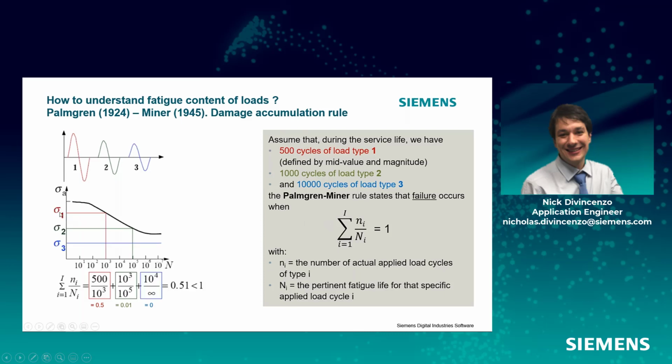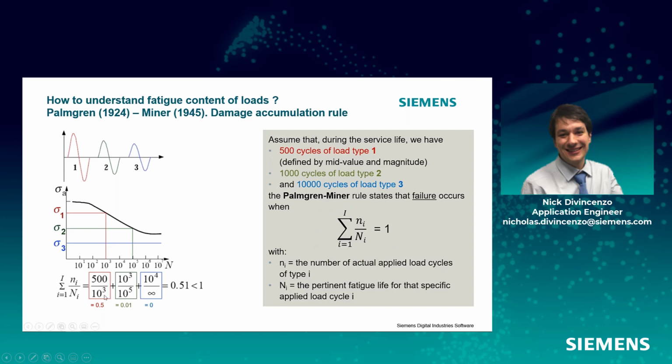If I look at my SN curve at load level 1, I can undergo 1,000 cycles before failure. At load level 2, I can undergo 100,000 cycles before failure. And then at load level 4, I'm in the infinite life region, so I can run it at this particular load level indefinitely. I use Miner's rule.